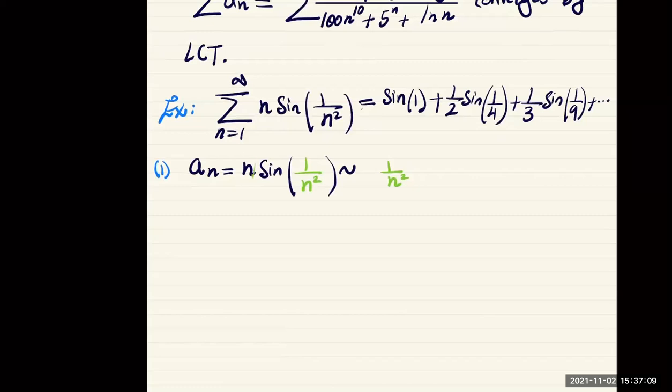Okay, so without this n in front, sine of 1 over n squared is asymptotic to 1 over n squared. This is, again, just like an equation. It's like an equality, but this equality holds true in the long run. And what can we do with equations?